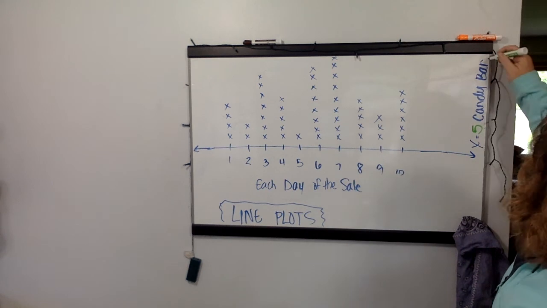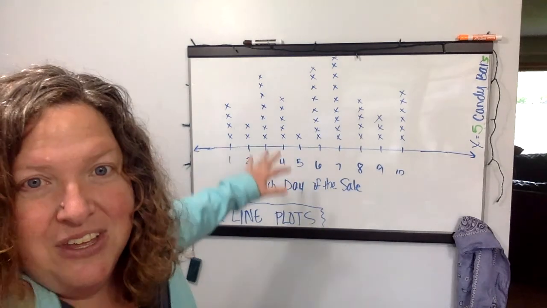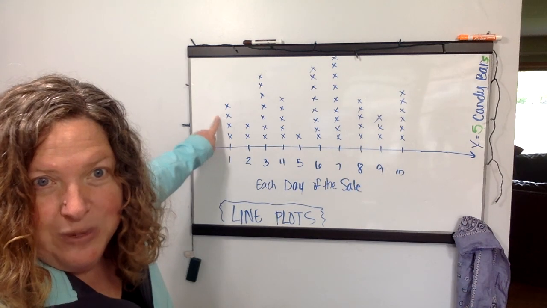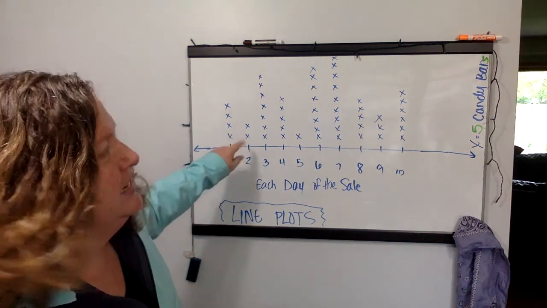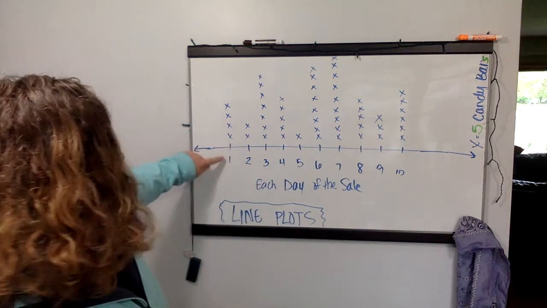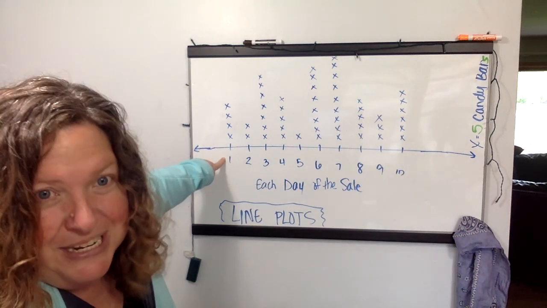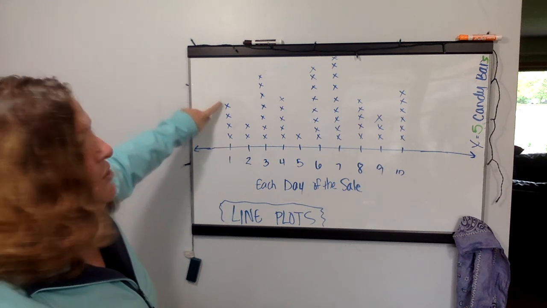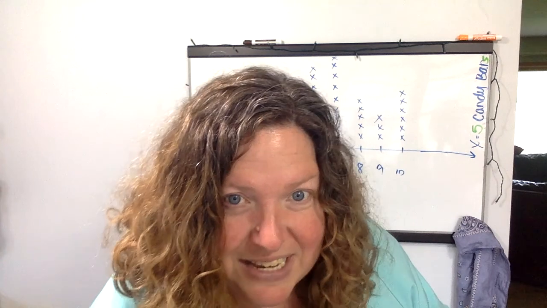They might change it so that when we're interpreting the data, we're not saying on day 1 we sold 1, 2, 3, 4. We're not doing that. If they tell us that each of these X's equals something else, like in this case 5, now on day 1 we would say, back to the easier questions, how many did you sell on day 1? The answer would be 5, 10, 15, 20. So the answer would actually be 20. We sold 20 on day 1.